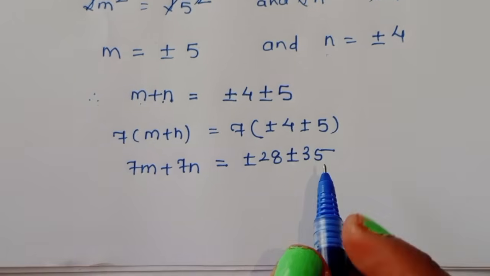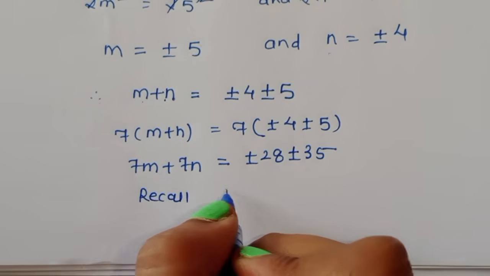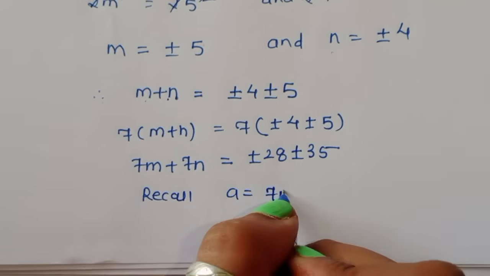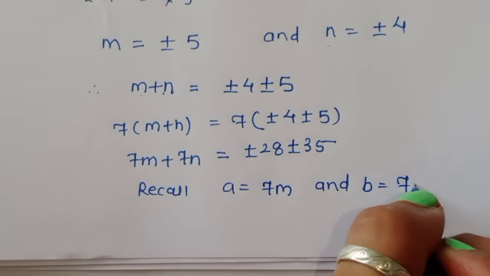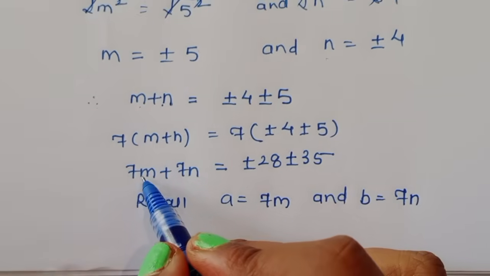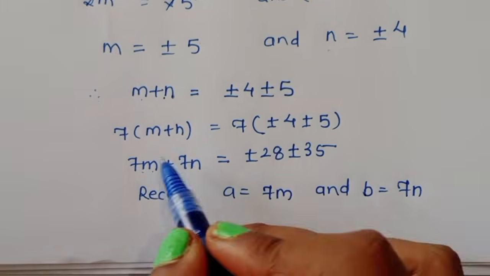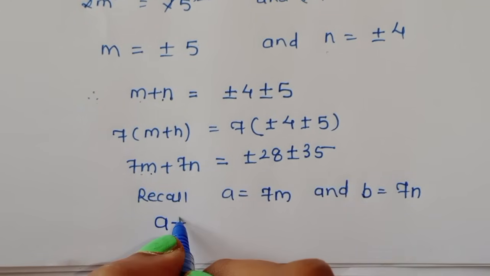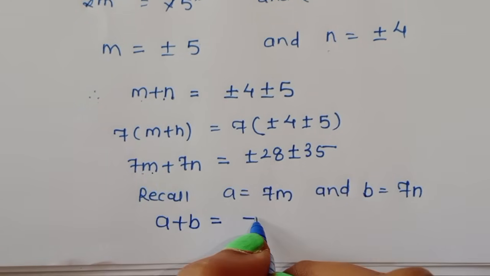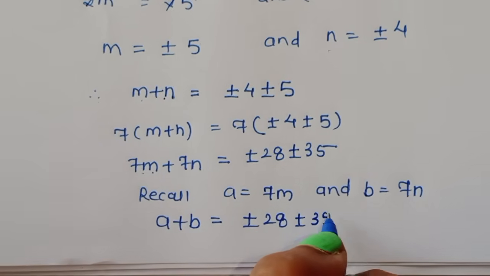Now recall that a equal to 7m and b equal to 7n, right? So 7m is a and 7n is b. So we can substitute: a plus b is equal to plus minus 28 plus minus 35.